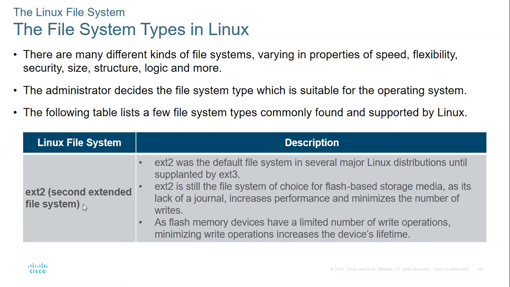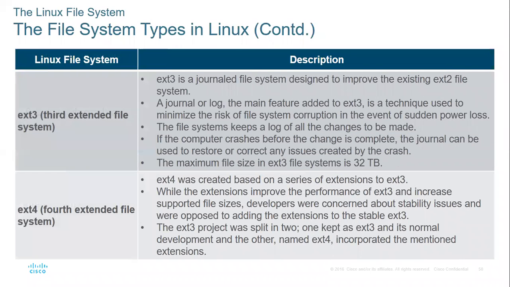Second extended file system. This is the default file system used in so many Linux distributions until it was replaced by extension 3. Extension 3 uses a system called a journal, a technique which minimizes the risk of losing information on a file.